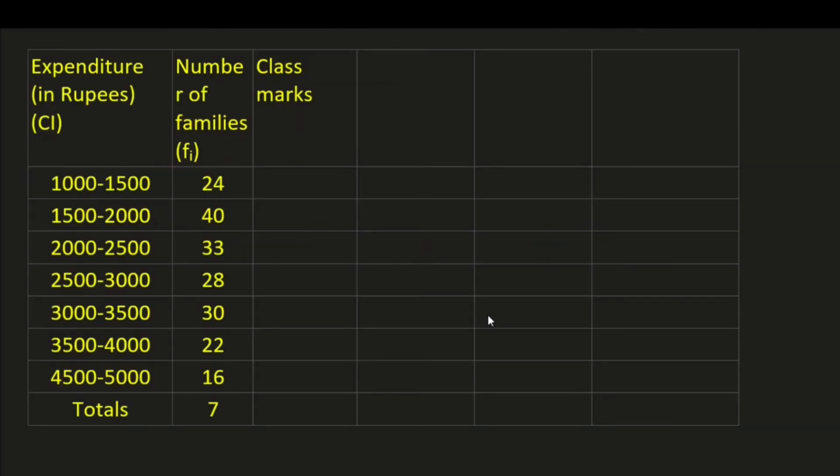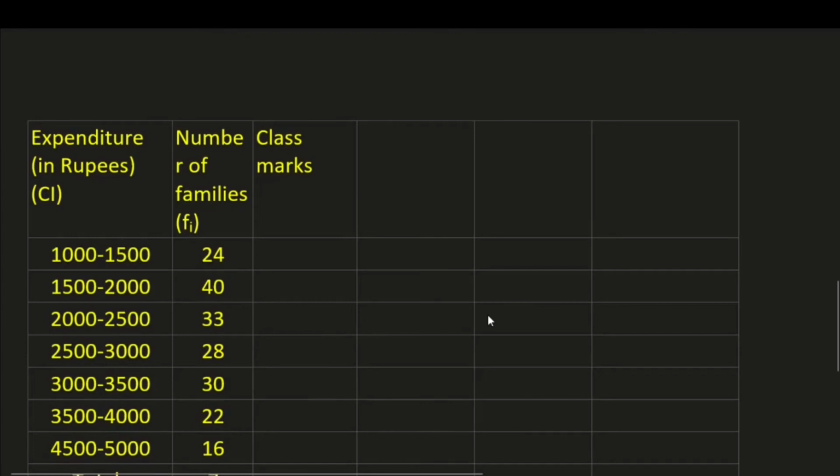Here I have written expenditure and number of families as vertical columns. To find the mean of this grouped data, first we have to find class marks. Let us write xi here. What is the value of xi here?